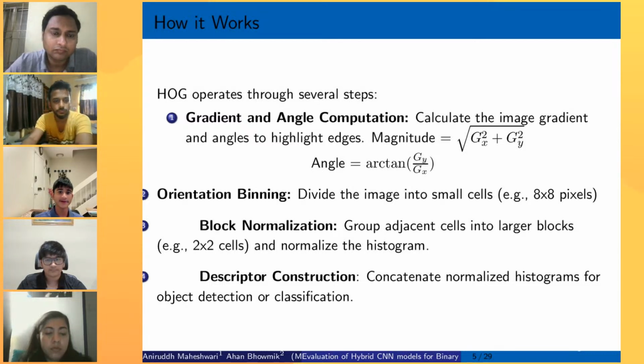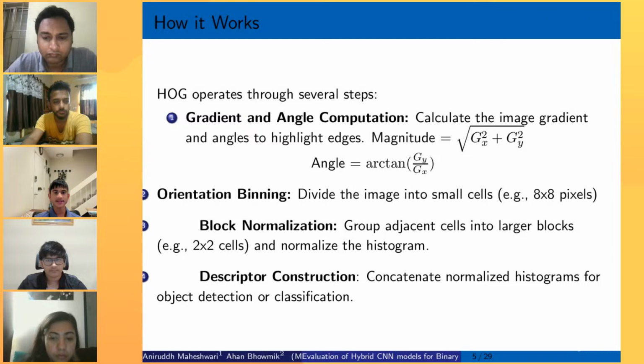After this, we first divide the image into small cells. In our case, we've used 8 by 8 pixels. And we do something called orientation binning. We have 9 bins, or essentially buckets, labeled 0 degrees to 180 degrees. For each pixel, based on its angle value, we split the magnitude value to its closest angle bins.